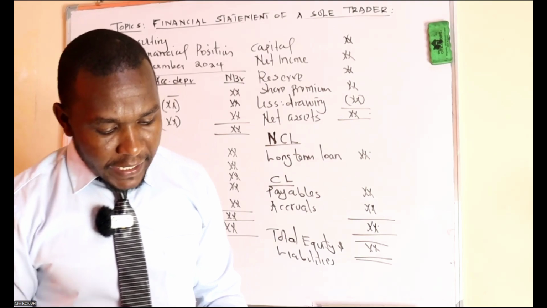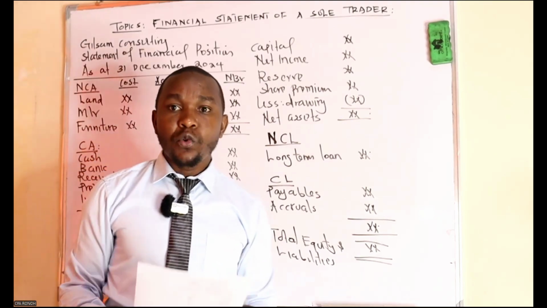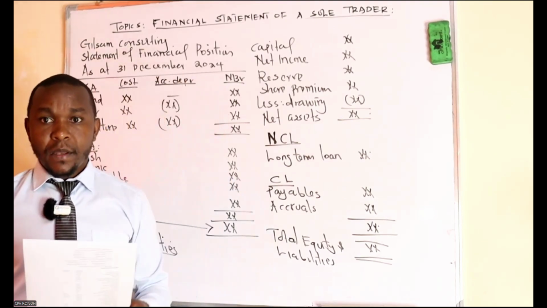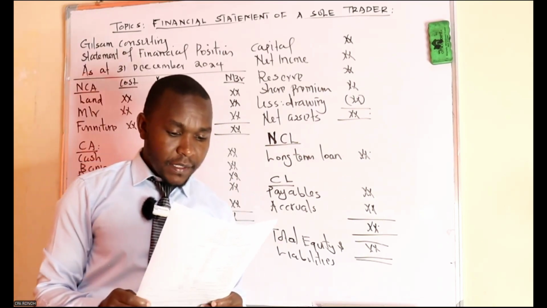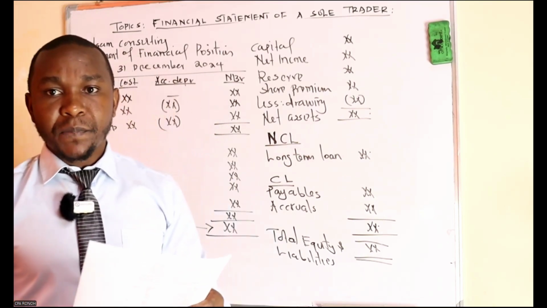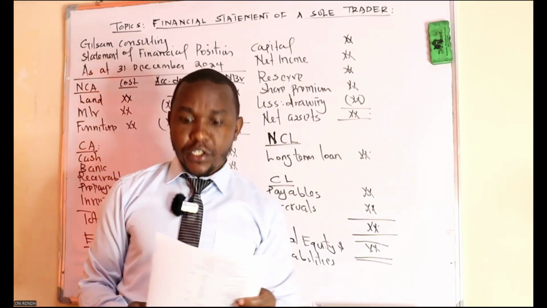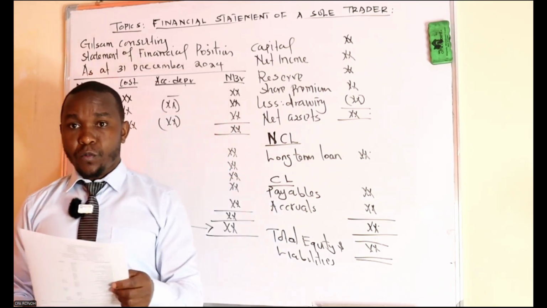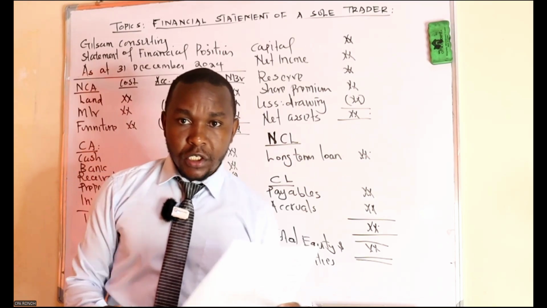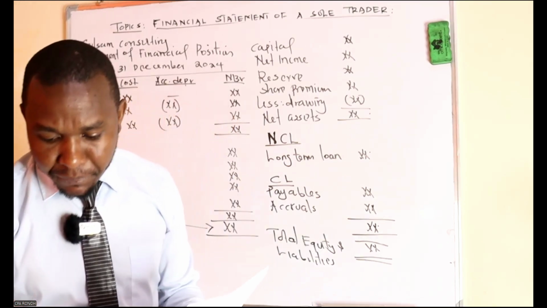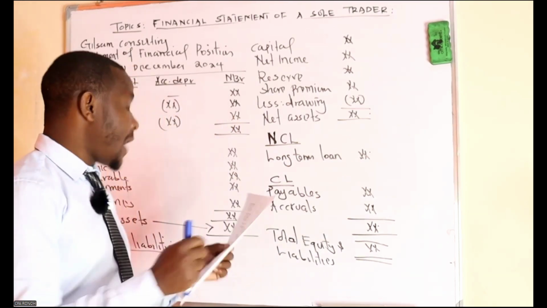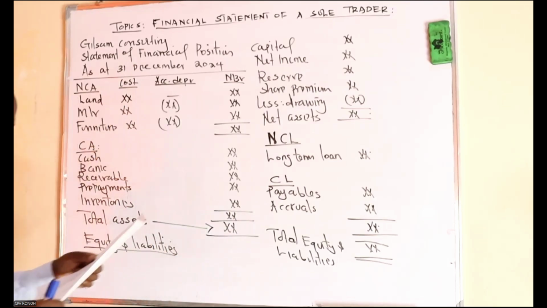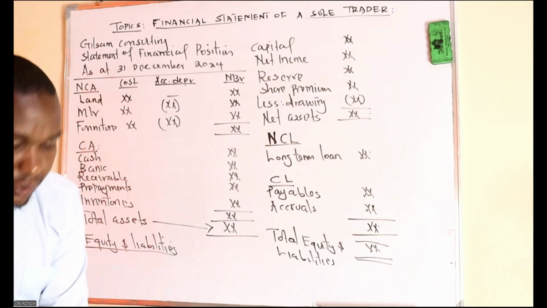Now, our next step is to look at the illustration from the CPA CASNEP past paper, December 2024, question 4. Kindly download the past paper online. If you have it, then open for me question 4, December 2024, question 4B.